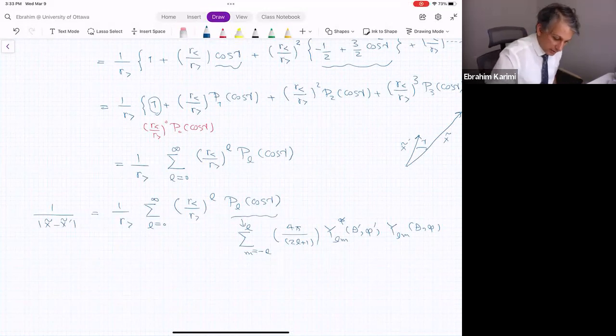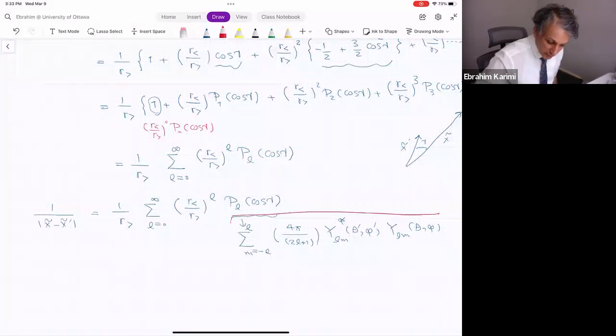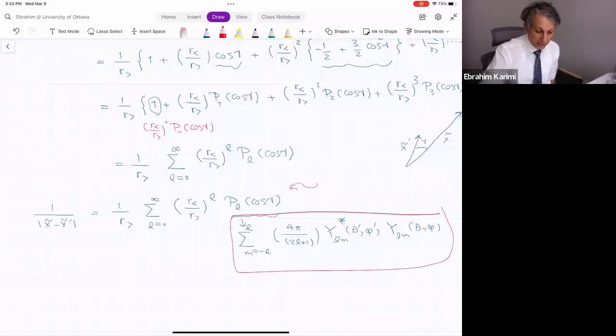Remember that comes from the addition theorem. You can keep it like this, there is absolutely not a problem. This is a further step just to show people that one can use the spherical harmonics, which are complete, orthogonal bases, and expand the Green function in terms of YLMs.